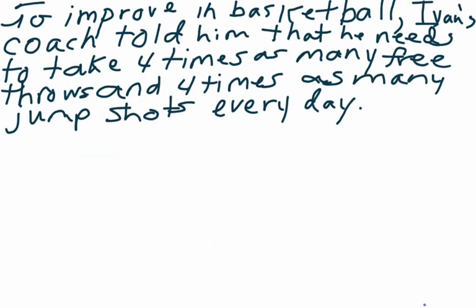To improve in basketball, Ivan's coach told him that he needs to take 4 times as many free throws and 4 times as many jump shots every day. If F represents the number of free throws and J represents the number of jump shots Ivan shoots daily, write an expression to show how many shots he will need to take in order to improve in basketball.